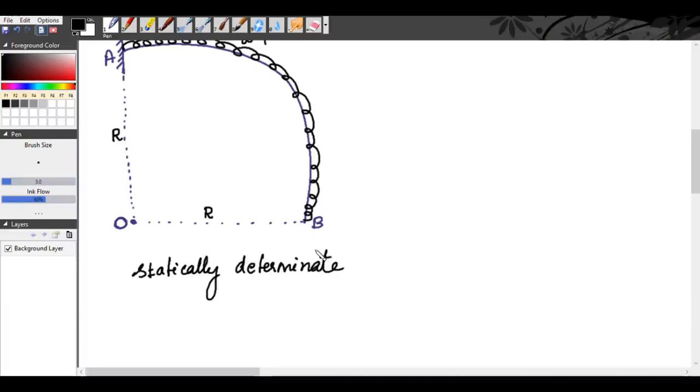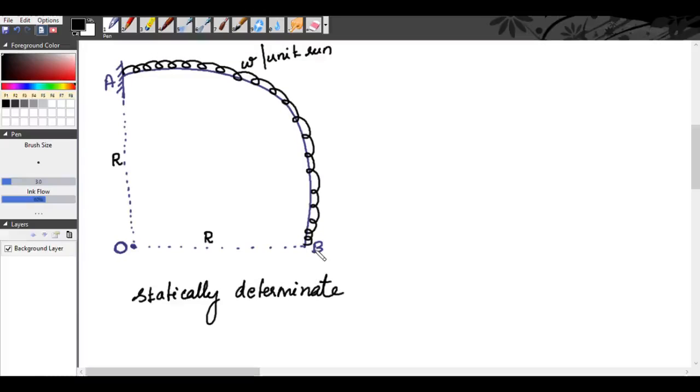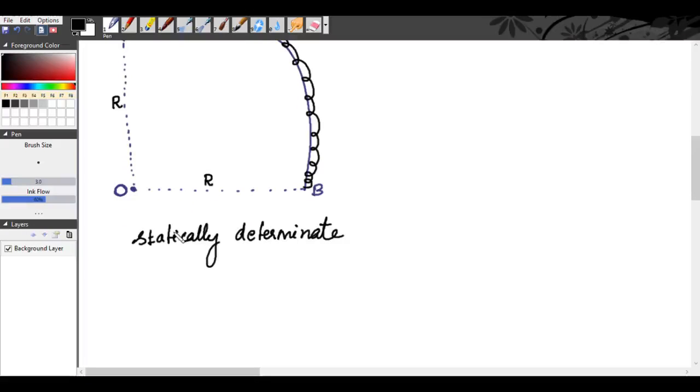So this beam is a statically determinate beam. Since it is a cantilever, we will start our analysis from the free end.